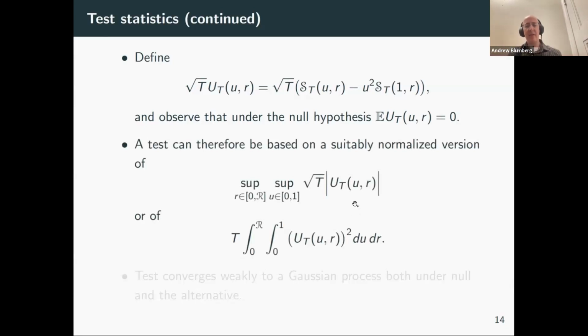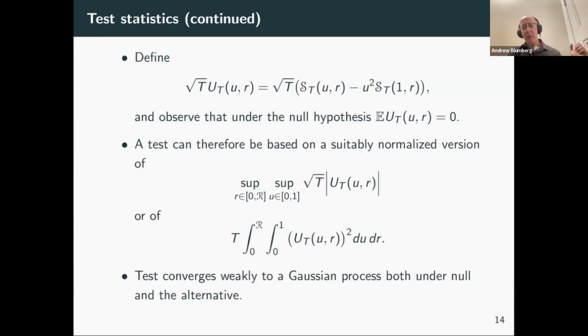Natural test statistic. And the thing that you can prove is that this converges weakly to Gaussian processes, both under the null and the alternative. Different Gaussian processes, but it converges. And you can say things about the rate. I mean, that's kind of the point of this framework, is that we have lots of tools to talk about the rate at which it gets there.